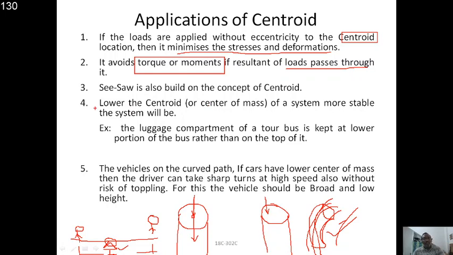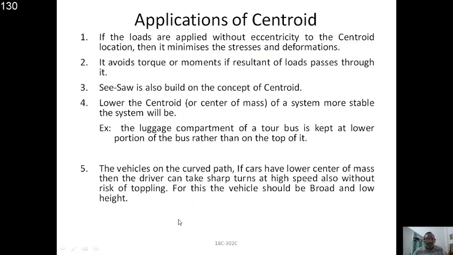Similarly, if you observe buses, there is a luggage cabin.